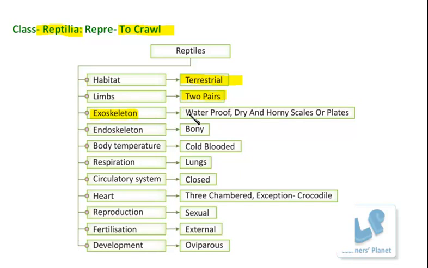And the exoskeleton which is present here is waterproof and is constituted by the dry and horny scales or the plates which are present in these organisms.